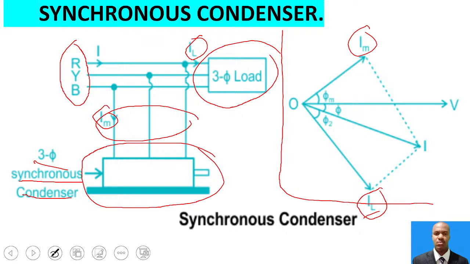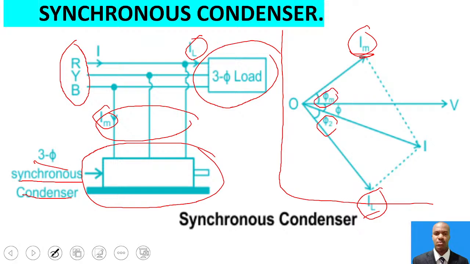And in this case our cos phi L is cos phi 2. This is our phi 2 here. Therefore, the other thing that we can note is the synchronous condenser takes a current Im that is on top there, which leads the voltage by an angle phi m.